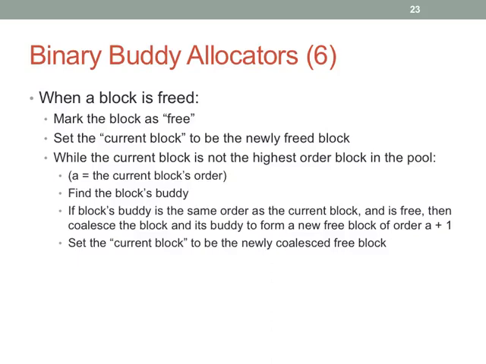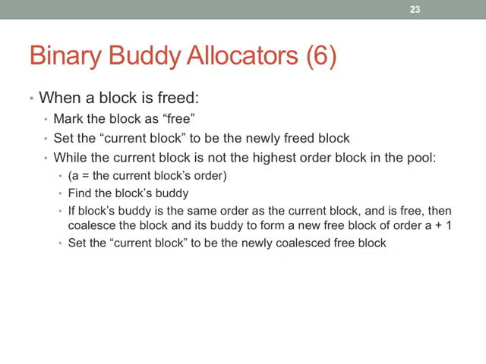That's all pretty obvious. But then what you need to do is this coalescing mechanism. You start with the current block, and as long as you haven't hit the largest block size, you look for the block's buddy. You check to see if the block's buddy is the same size order as the current block. If it is, then you can look to see if it's free.